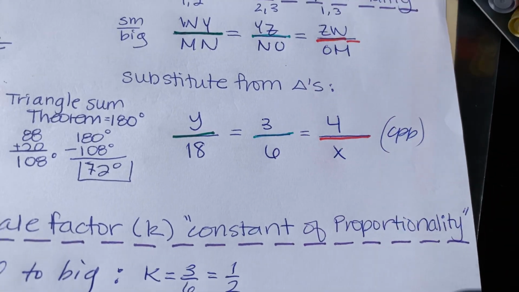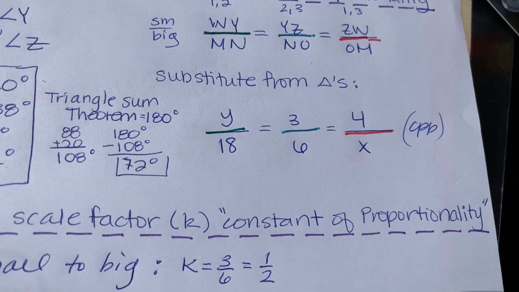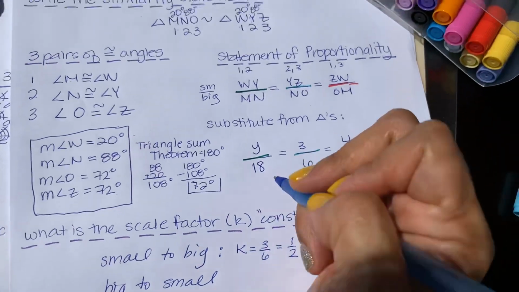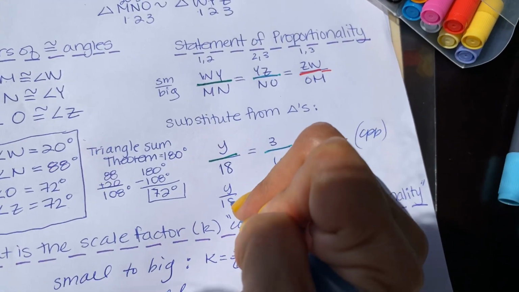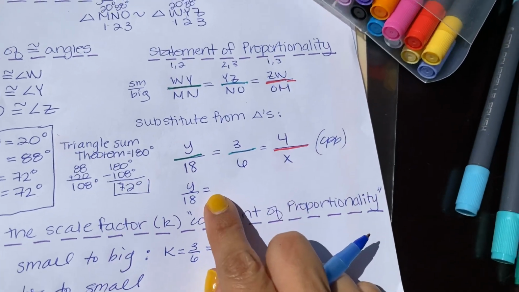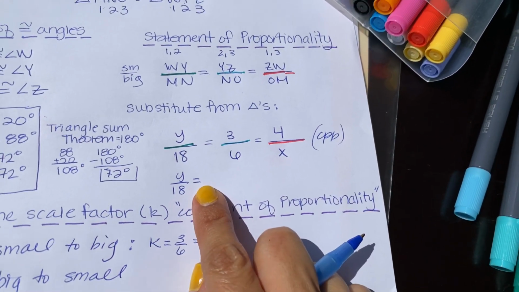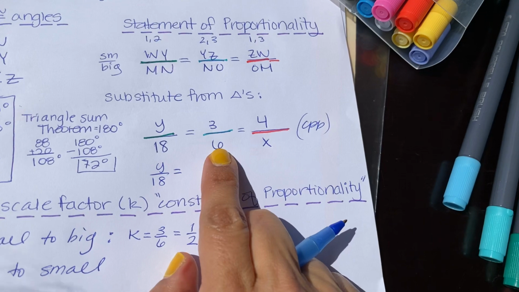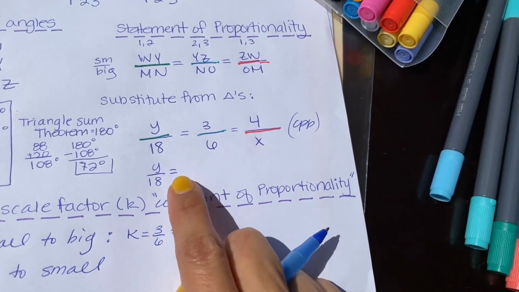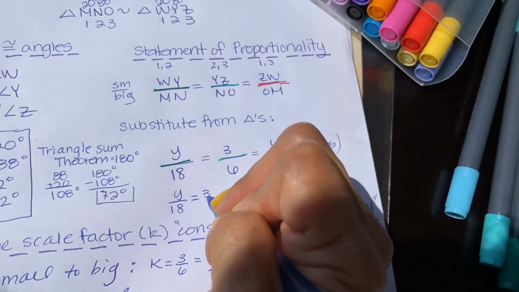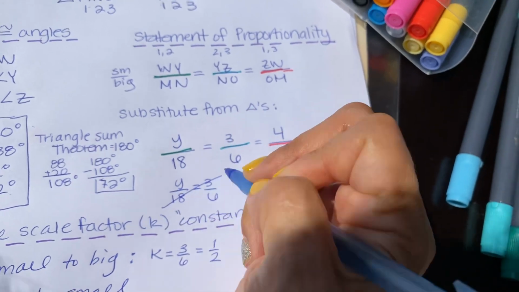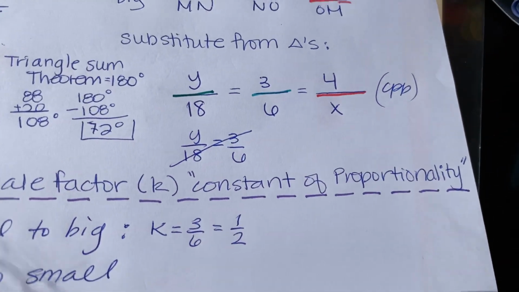So if I'm asking you to solve for X and Y, you take the ratio with a variable, Y over 18, and you set it equal to your scale factor. Now you can write the 3/6, or if you want to reduce it and set it equal to 1/2, you can. And then all you do is cross product.